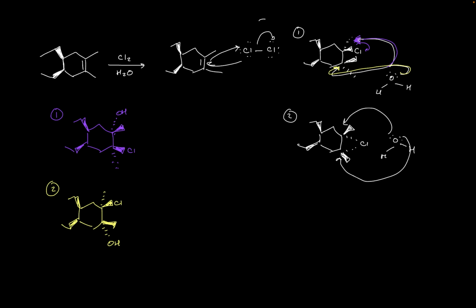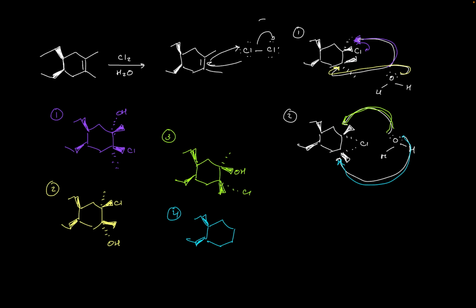In the third example, we have OH attacking this version. In that scenario, we have a molecule where OH is coming from the top, pushing the methyl group down, and Cl is going to stay down, and the methyl group is going to stay up here. And in our final scenario, OH could be coming here. What happens then? Well, we have our molecule.